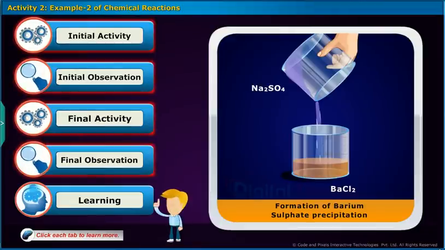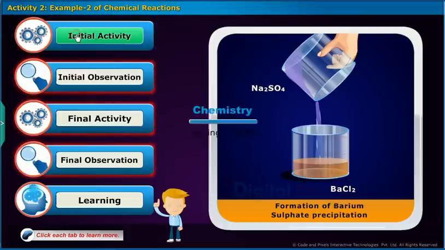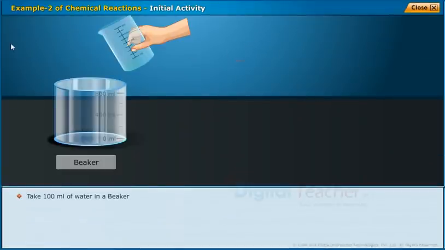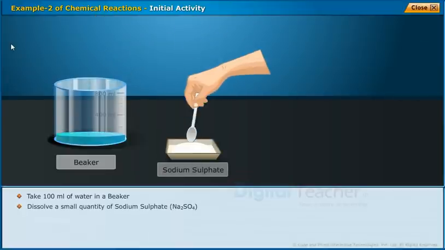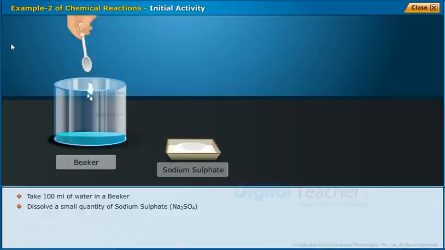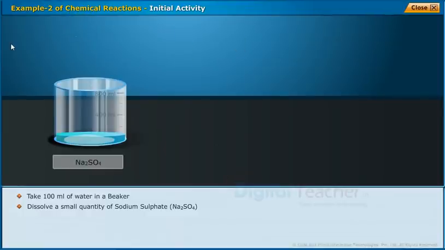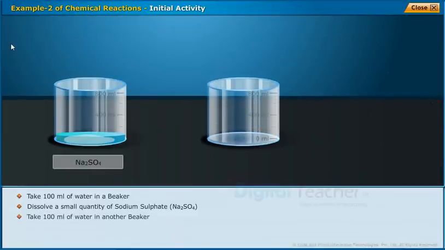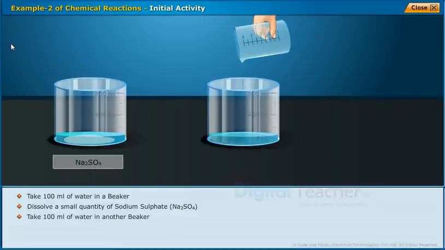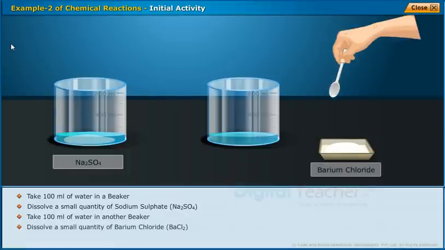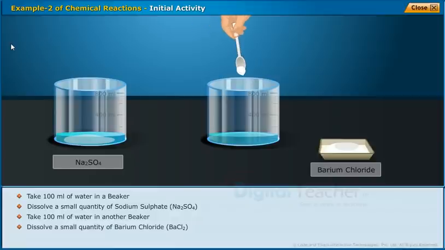Click each tab to learn more. Take 100 ml of water in a beaker. Dissolve a small quantity of sodium sulfate, Na2SO4. Take 100 ml of water in another beaker. Dissolve a small quantity of barium chloride, BaCl2.